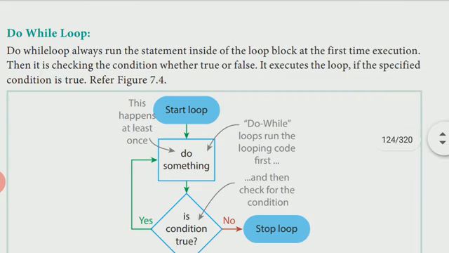The next one is the do while loop. The do while loop is an exit check loop, that is first it will do all the process, and at last it will check the condition.